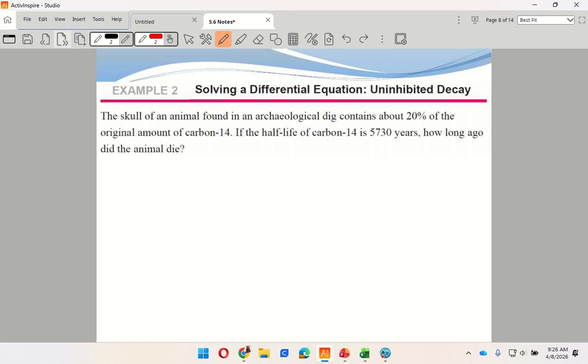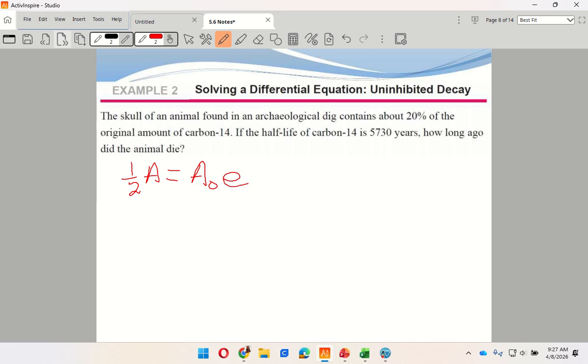I know that whatever my A sub naught is, I should end up with 1/2 A. Blade, does that make sense? Okay. So whatever my initial is, in a half-life I should get half of whatever I had.